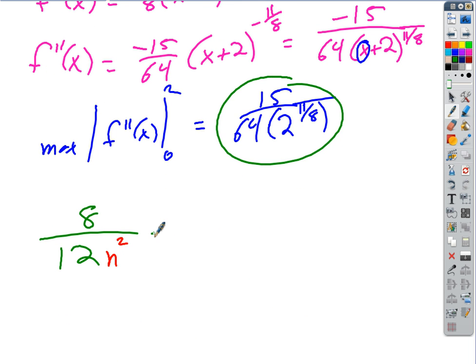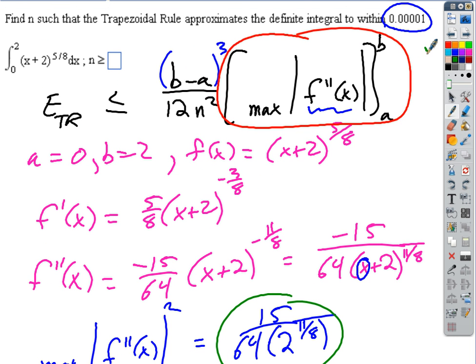So I'll multiply by 15 over 64 times 2 to the 11/8. And that whole number we get in there, that error, has to be less than that, right? The error that we calculate. Okay. So how many zeros? 1, 2, 3, 4. 4 zeros.